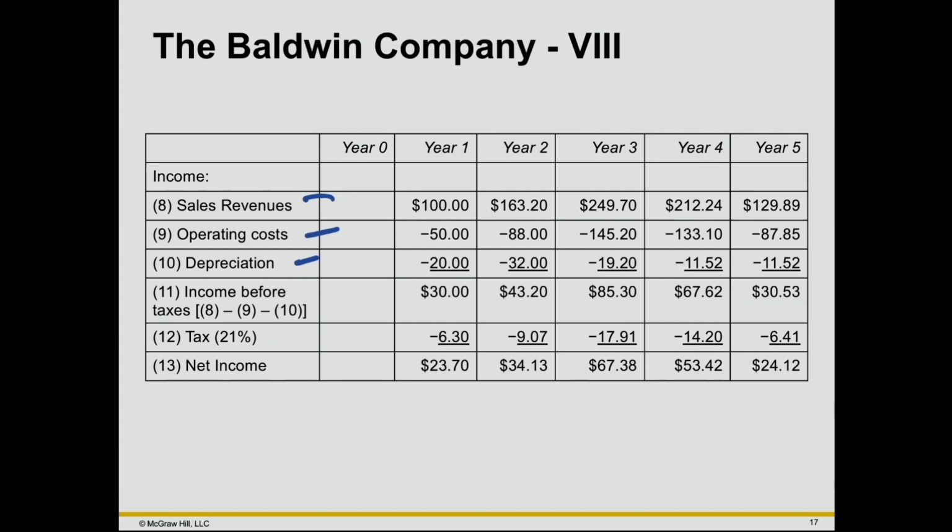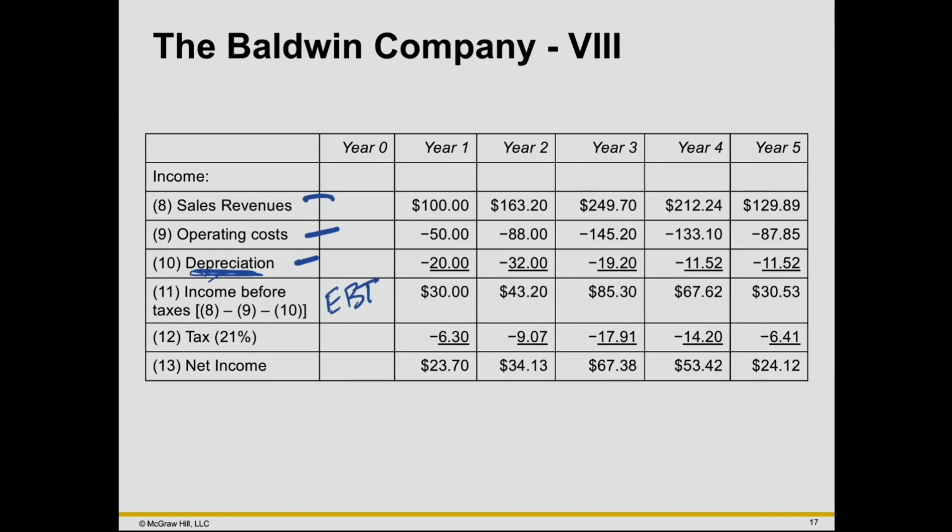So we still need to work through and figure out what our EBT, right? This is earnings before taxes, which includes depreciation. Even though depreciation is a non-cash expense, we're going to have to bring that back to the party a little bit later.